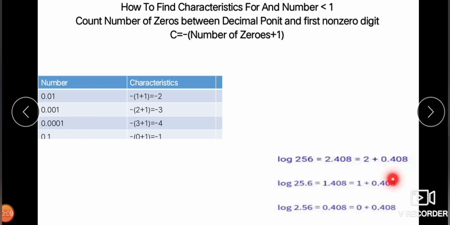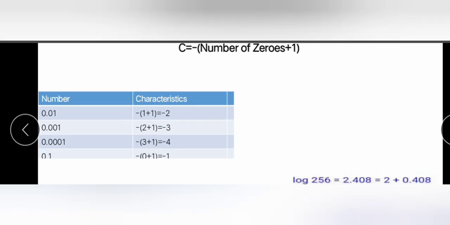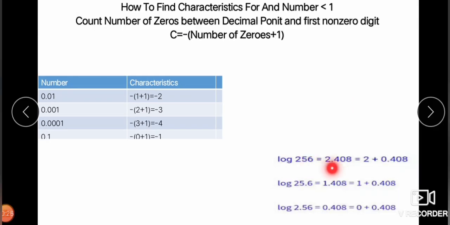Let us again revise. Log of 256 is equal to characteristics plus mantissa. Characteristics is 1 2 3, minus 1 is 2, point. We have to see the row of 25 under the column 6 and 0 and add these two values.